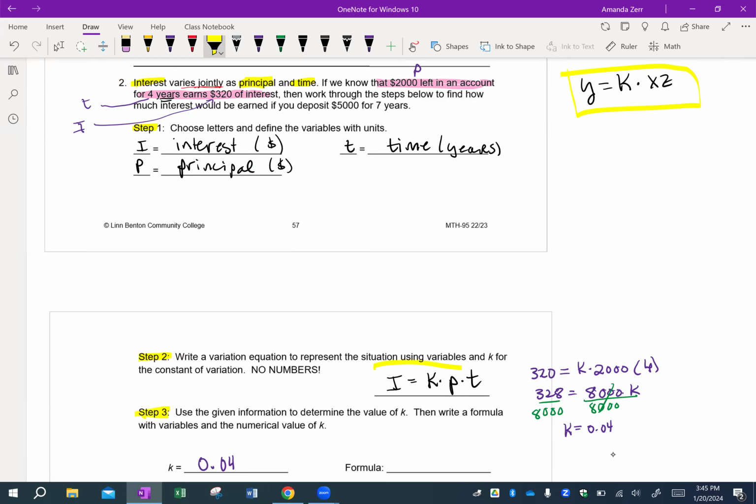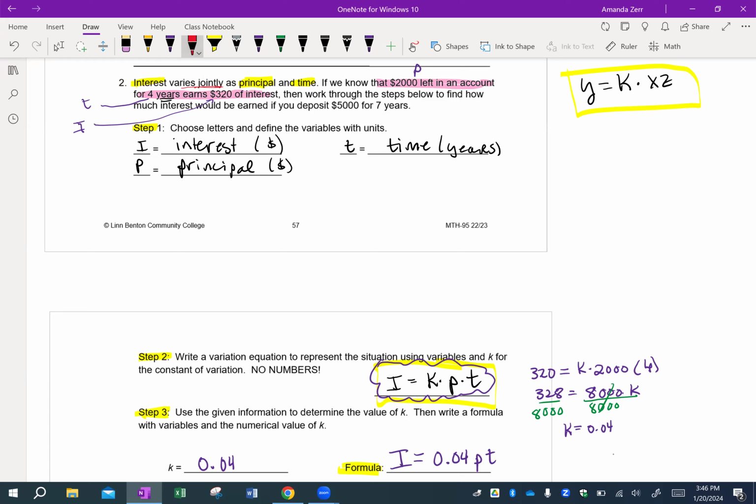Okay, and then I take what I just found in the way that that formula is set up. The formula itself is going to include the value of K. So I'm going to write just what I had up here in step 2. The only thing is that instead of K, I now know what it's worth. And that's times principal times time. So there's my formula.